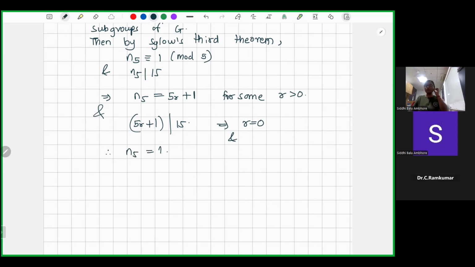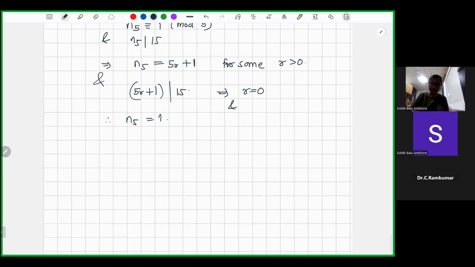Because if I have any positive R, then for example 6 divides 15, which does not even hold. So the only possibility for R here is 0.